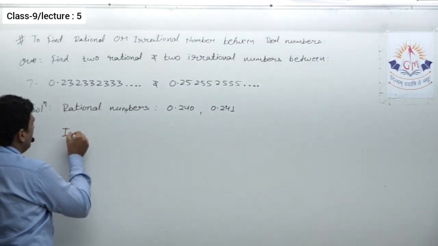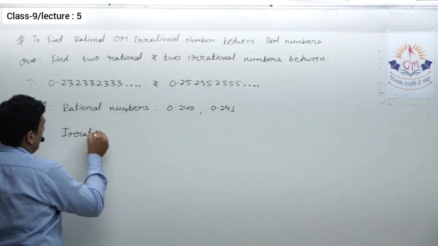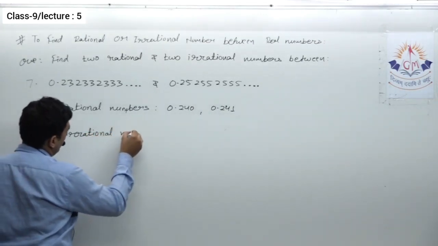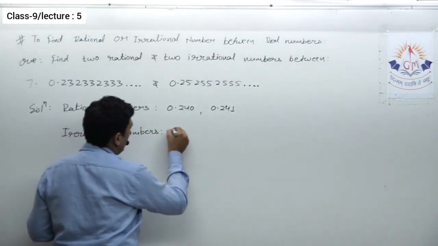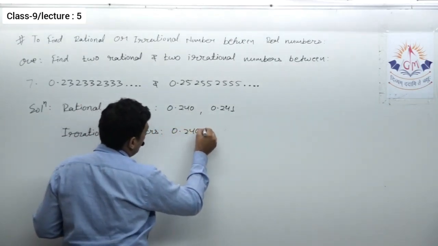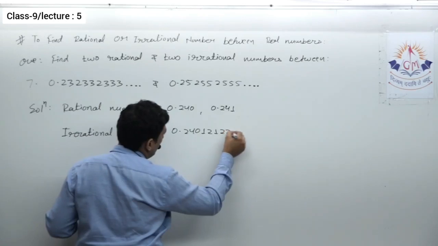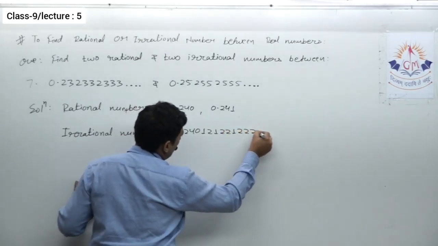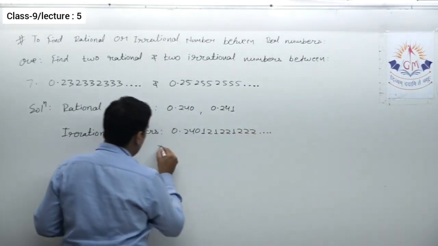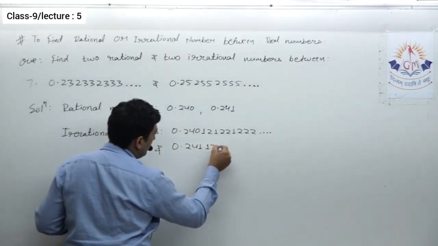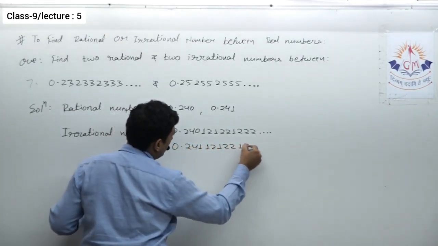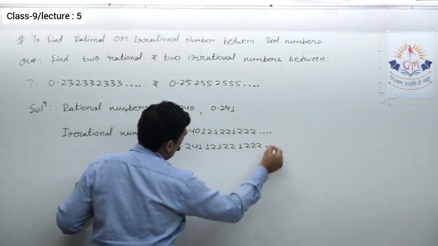So it is very easy to write irrational numbers as we have the rational numbers between the given numbers. So here I can write 0.240, 1 2, 1 double 2, 1 triple 2, and so on, and 0.241, 1 2, 1 double 2, 1 triple 2, and so on.